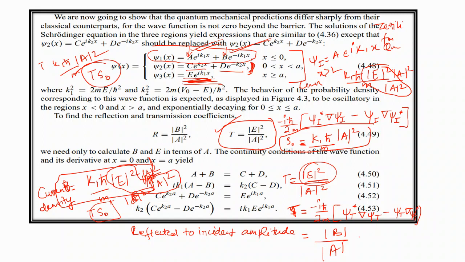We can find the square of it, like the reflection coefficient and transmission coefficient. That will be fine. After that we can take the square root.